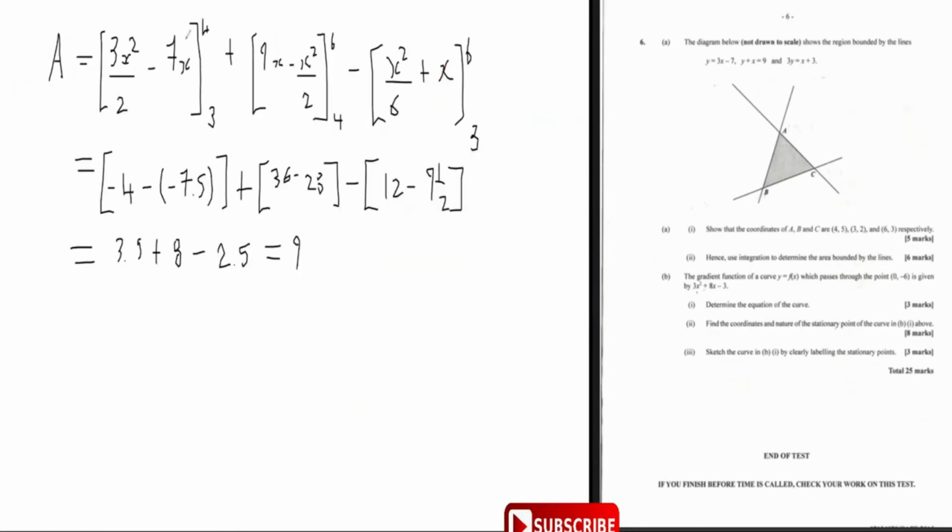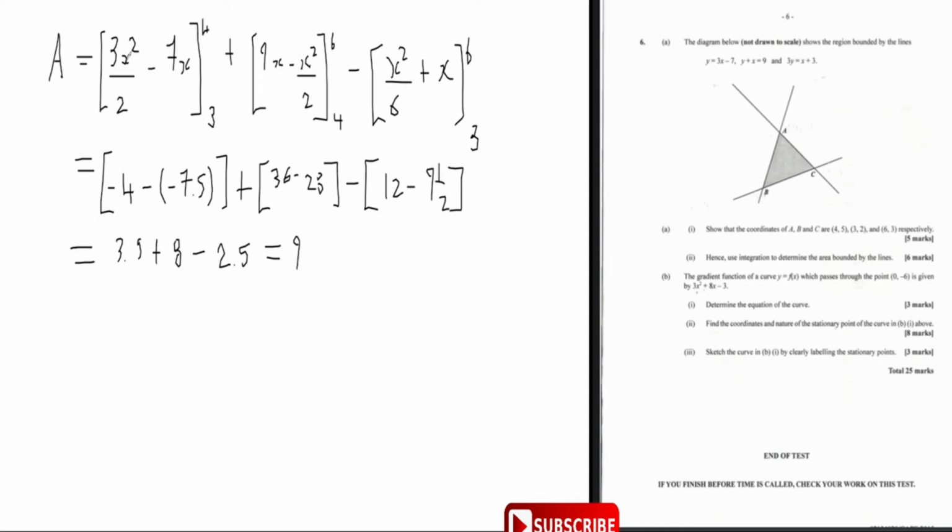Just want to check again. 4 here is 12. 12 times 3, 36. 36 over 2, 18. 4 here is 28. 3 times 4 squared divided by 2 minus 7 times 4. That's minus 4. This is fine. Just one final check, because sometimes we make calculation errors.